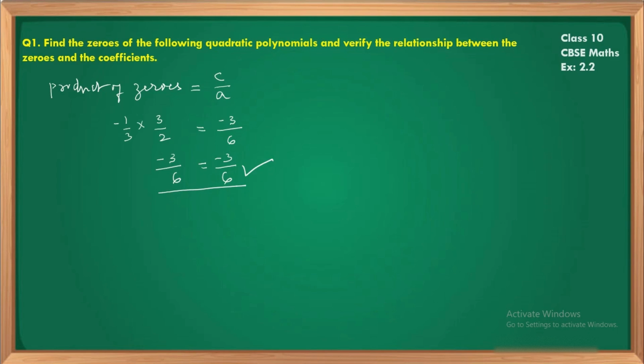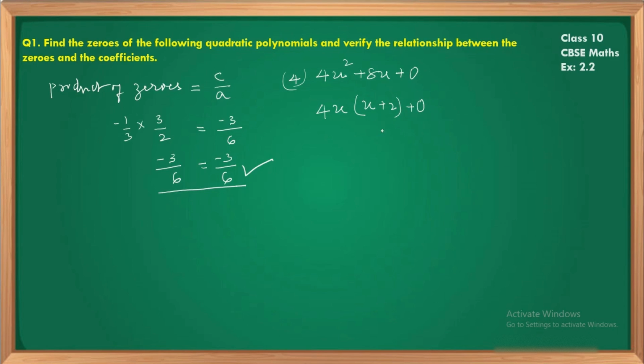Fourth sub question, which is 4u square plus 8u plus 0. Now you have to simplify this. 4u into u plus 2 plus 0.